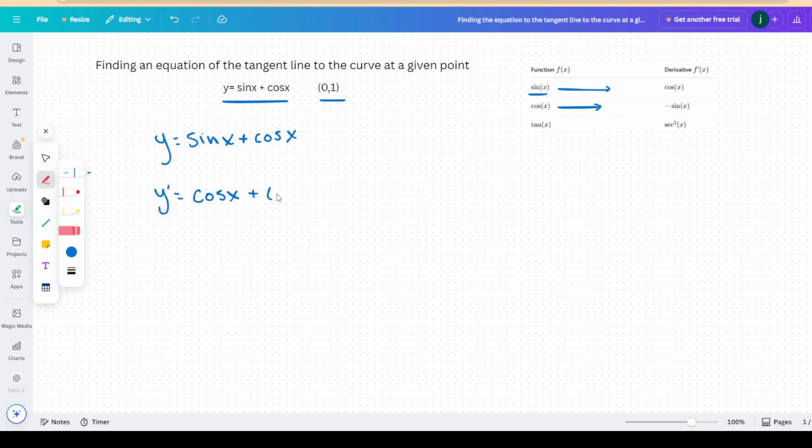So plus negative sine x. Our derivative for this equation is going to be cosine x minus sine x.